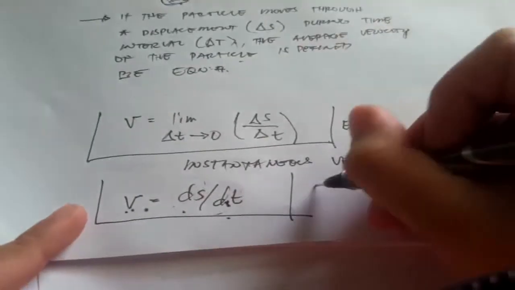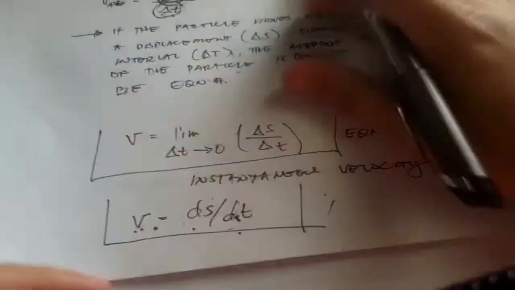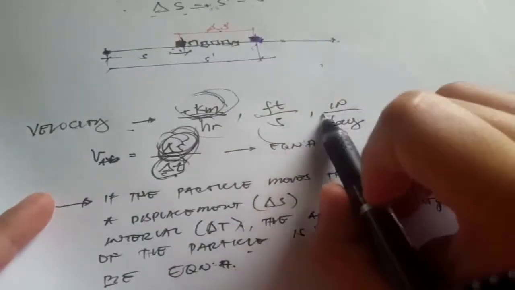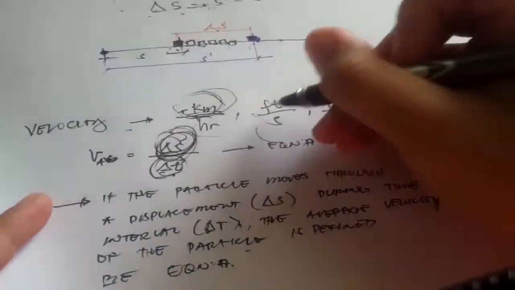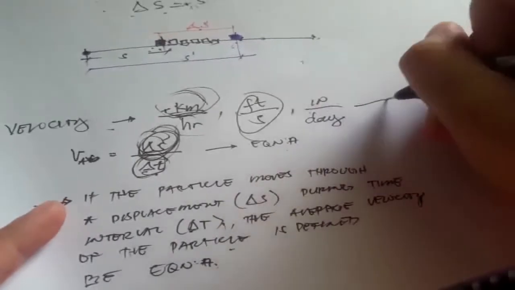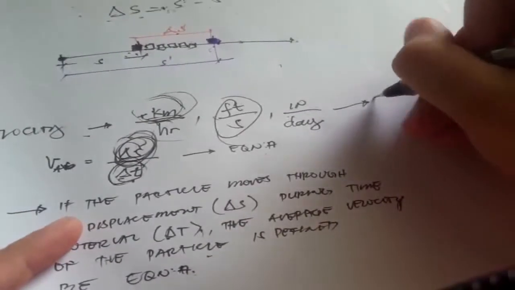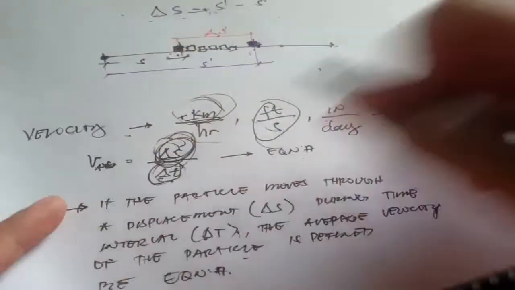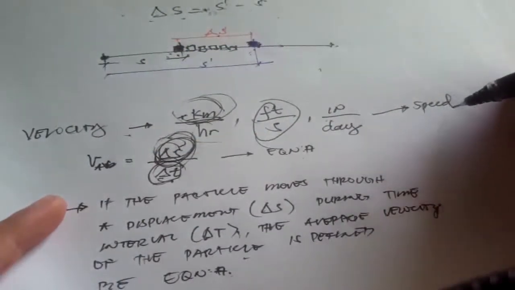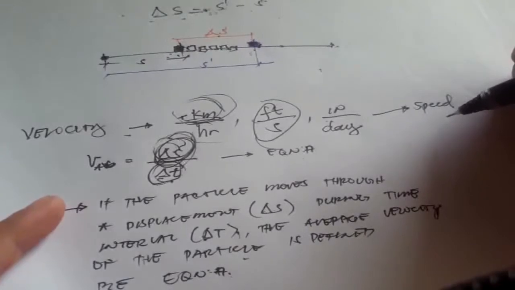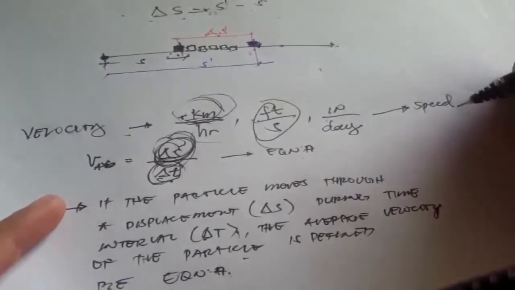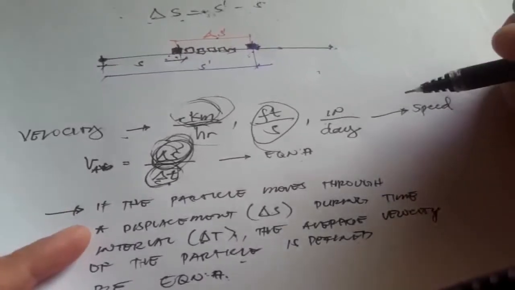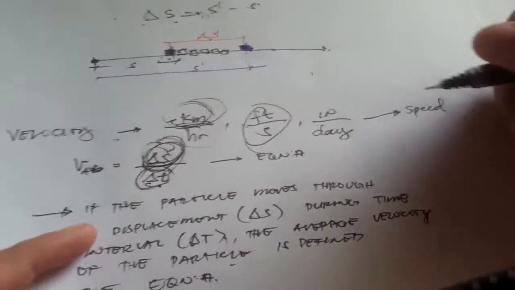But this magnitude here is what we call the speed. So the magnitude of the velocity is what we call the speed. What is the speed of your car? Speed of the car is only 20 km per hour. So it's a very low speed, or mabagal is the speed of the car.